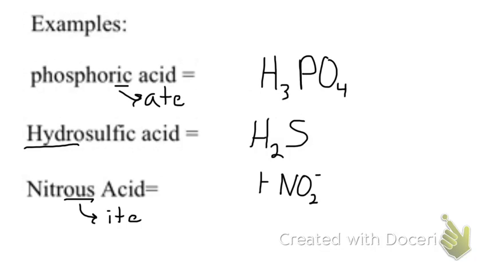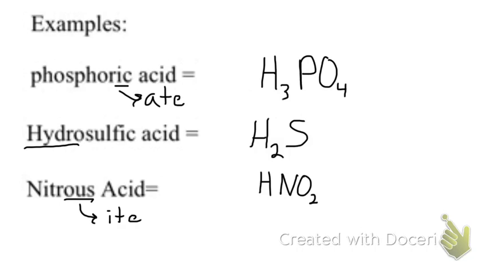And we know we're going to need a hydrogen out front because it's an acid. Fortunately for us, our hydrogen has a +1 charge, and if our nitrite has a -1 charge, then they cancel each other out nicely, and we can just erase both charges to have a nice, clean looking nitrous acid.